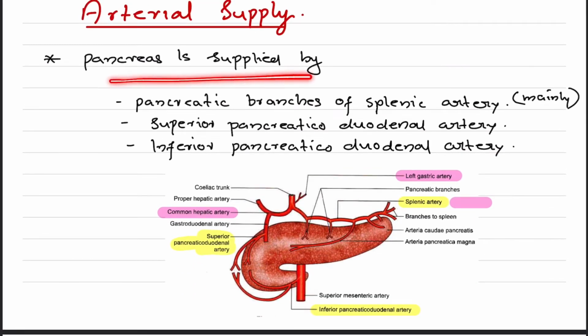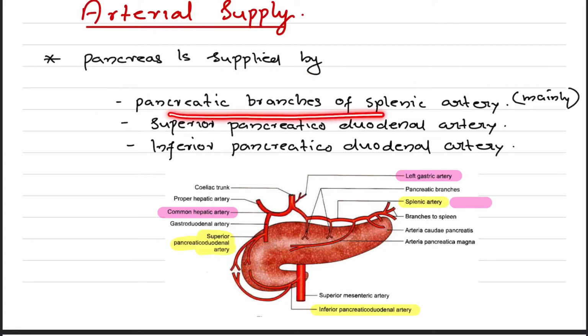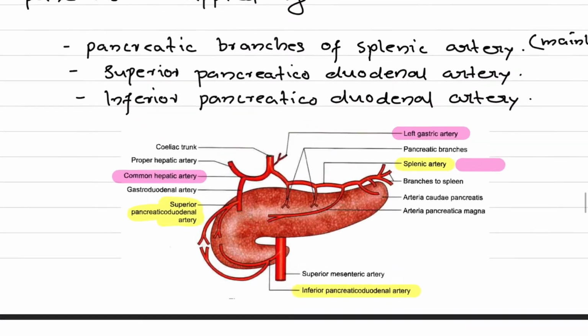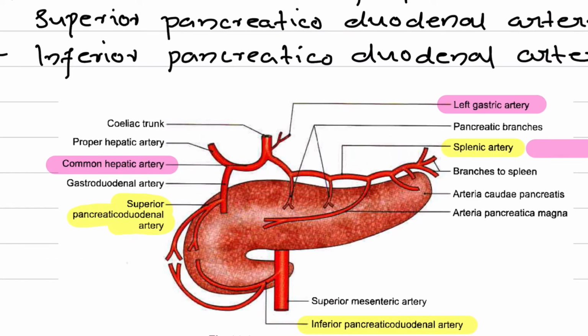The pancreas is supplied by the pancreatic branch of the splenic artery, which is the main blood supply, and we have the superior pancreaticoduodenal artery and inferior pancreaticoduodenal artery. See, I have discussed that there are three branches from the anterior part of the abdominal aorta: the celiac trunk, superior mesenteric artery and inferior mesenteric artery.